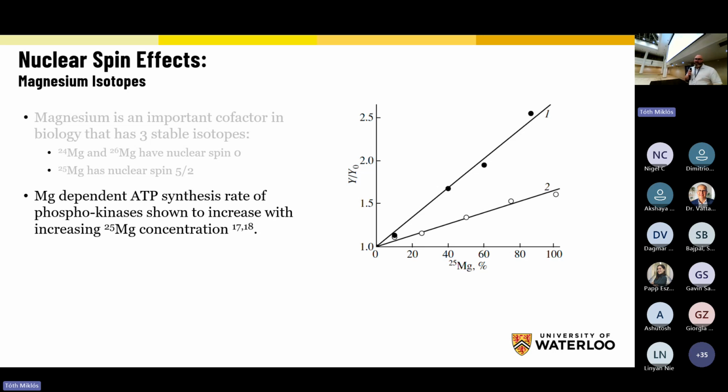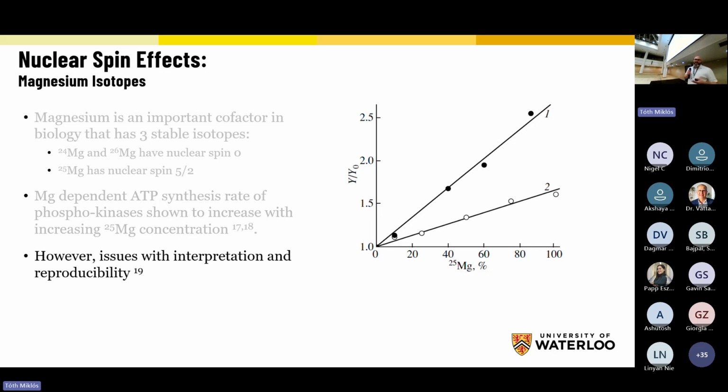So if you increase the amount of magnesium-25, you can increase the production of ATP from these 2 enzymes. It's very interesting results. However, again, there have been issues with reproducibility as well as with interpretation.